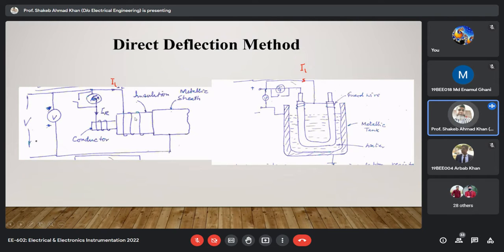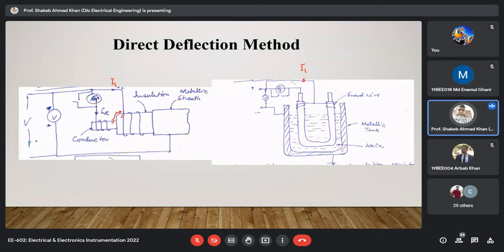You might say the leakage current may flow from the conductor along this path, but that is not possible, because when you provide the guard circuit, the potential of this surface and the potential of this surface remain the same. So your current won't flow.